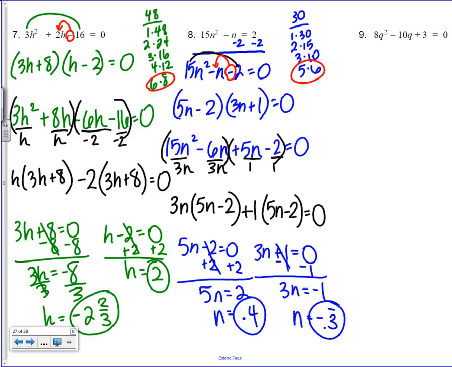And there they are. Now, folks, I don't care if those are in fraction form or if you leave them in decimal form. It doesn't really matter to me, as long as you do have the right answer there.